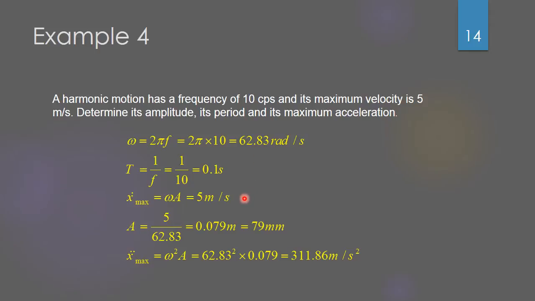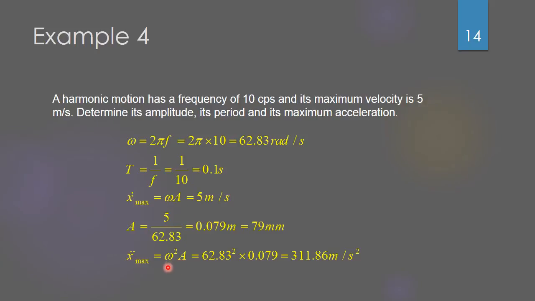X dot max is omega times A. Then we have x dot max and we have omega, then we need to find A. So A is going to be x dot max over omega. X double dot max is omega squared times A, as we defined previously in example 2.